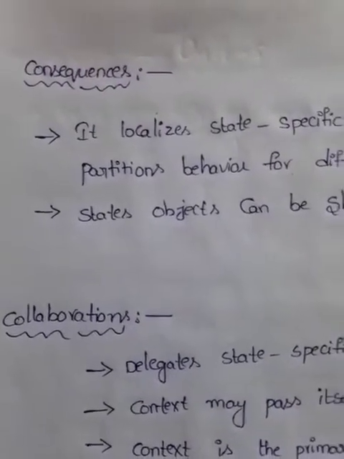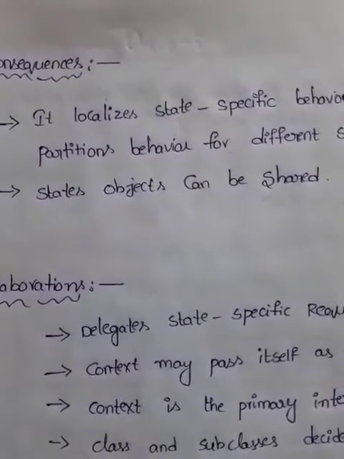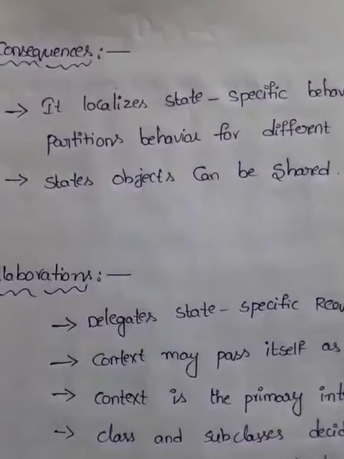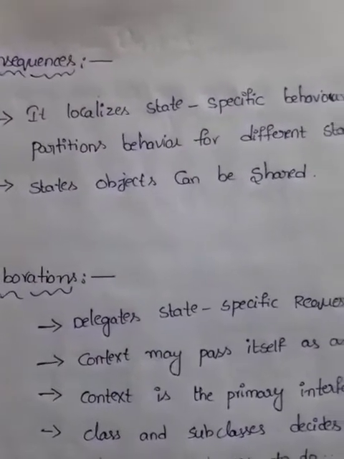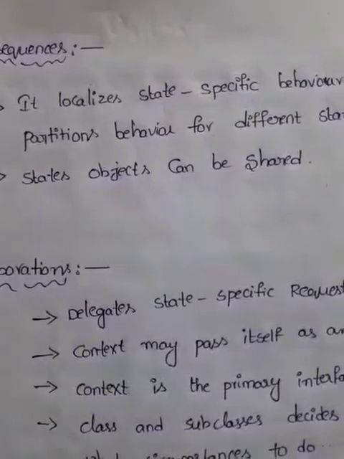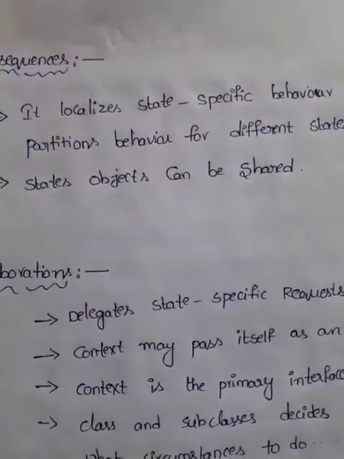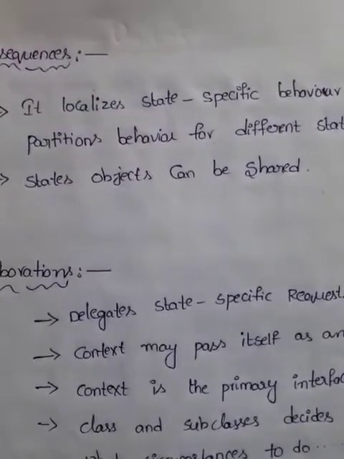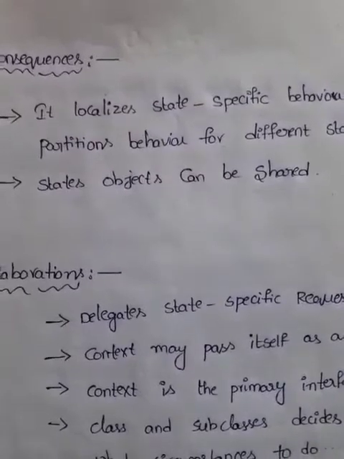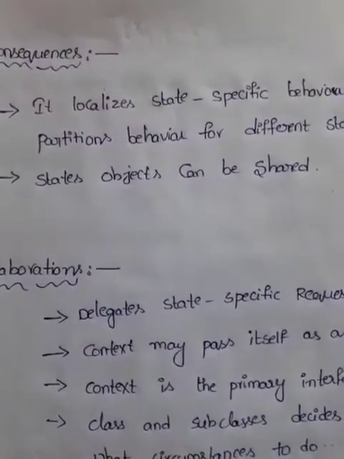Coming to the consequences of our state pattern, the first one is that it localizes the state specific behavior and partitions behavior for different states. That means the state pattern puts all behavior associated with a particular state into one object, because all state specific code lives in a state subclass, and new states and transitions can be added easily by defining new subclasses.